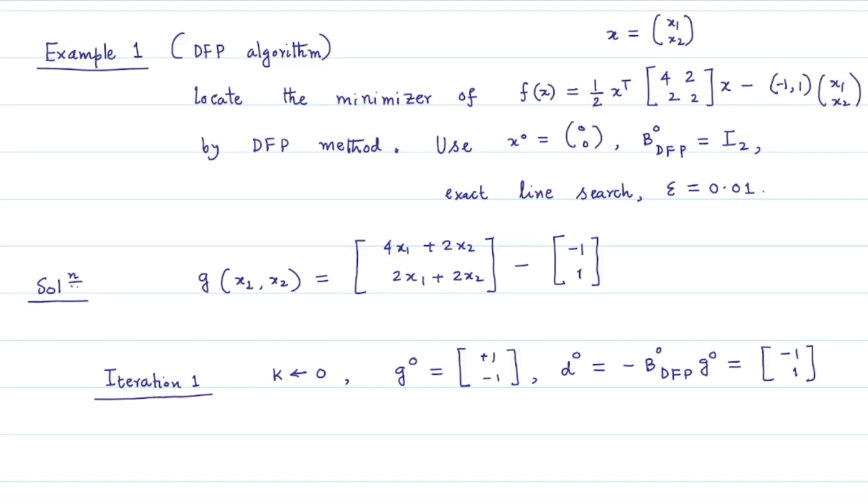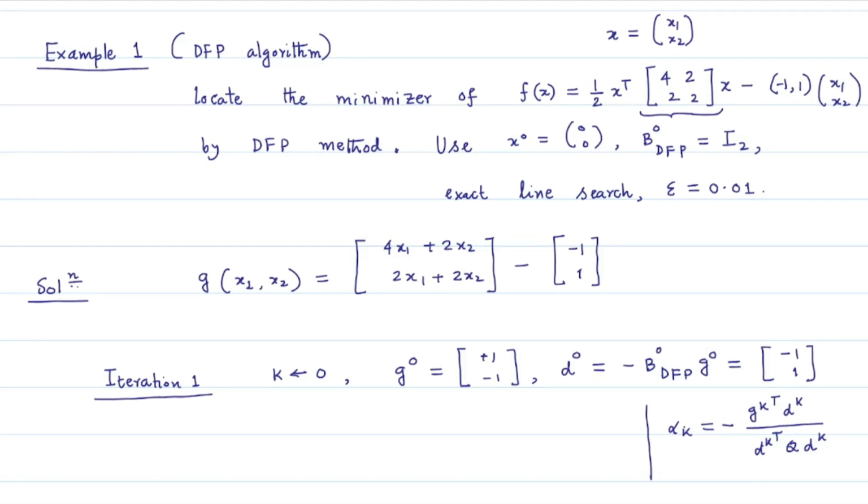Now here, as the function f is quadratic, we can find that the exact step length at the current iterate xk is given by gk transpose dk divided by dk transpose Q dk, where Q is this matrix of order 2 by 2, the Hessian of the function f.